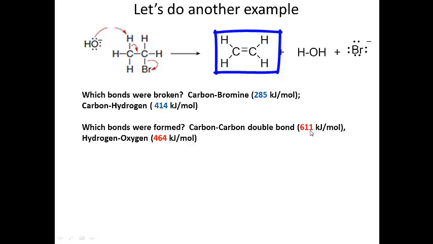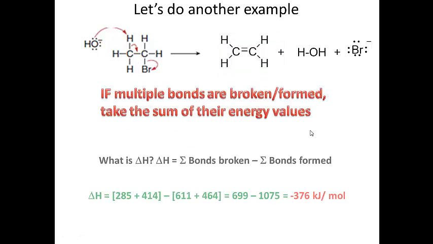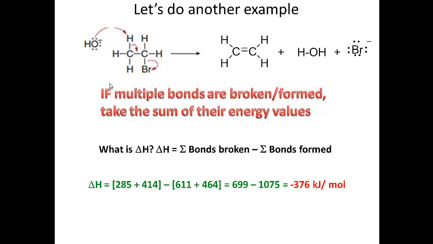So how do we calculate delta H? Well, if you break more than one bond, or you break multiple bonds, then you have to take the sum of the energy values. So delta H in this case is the sum of the bonds broken minus the sum of the bonds formed. If you look down here, the bonds broken again were 285 and 414.